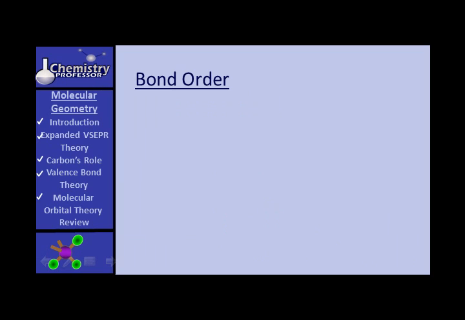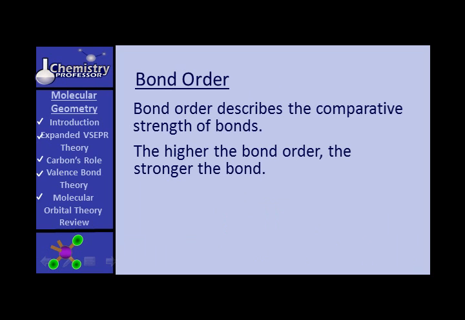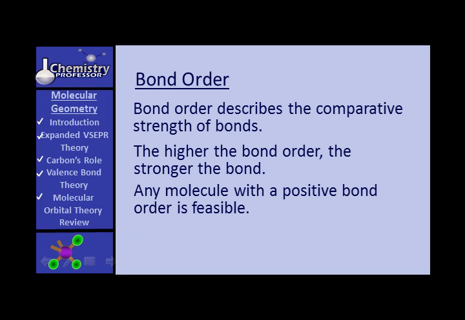Bond order. Bond order is a way of describing the comparative strength of bonds. For our purposes, the higher the bond order, the stronger the bond, and any molecule with a positive bond order is feasible. Here's how to determine bond order.